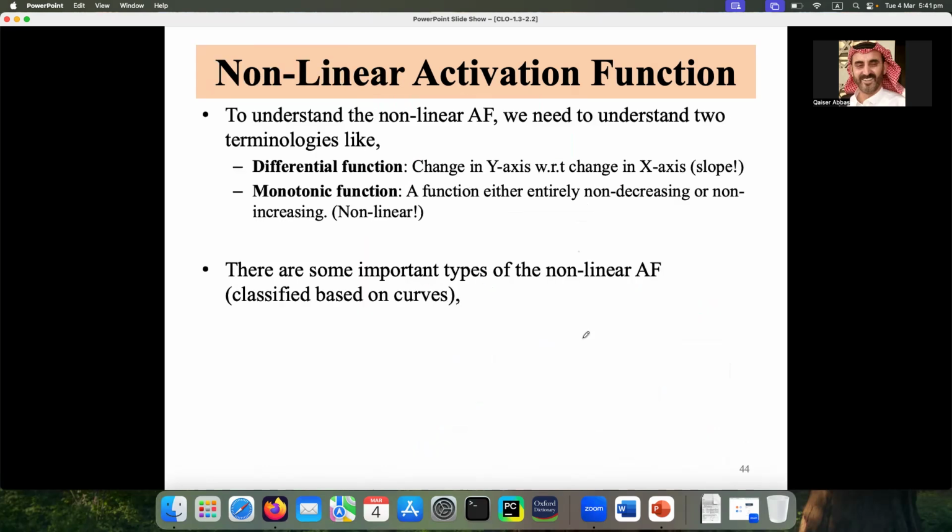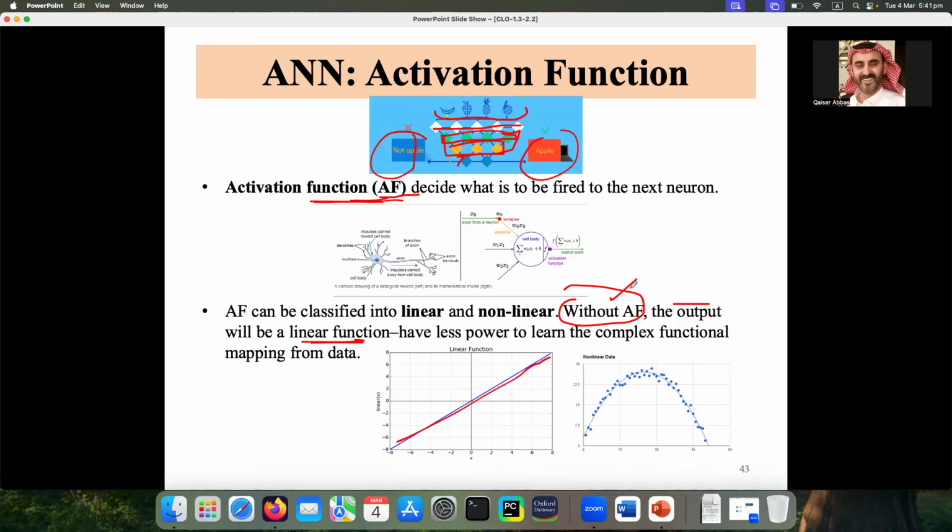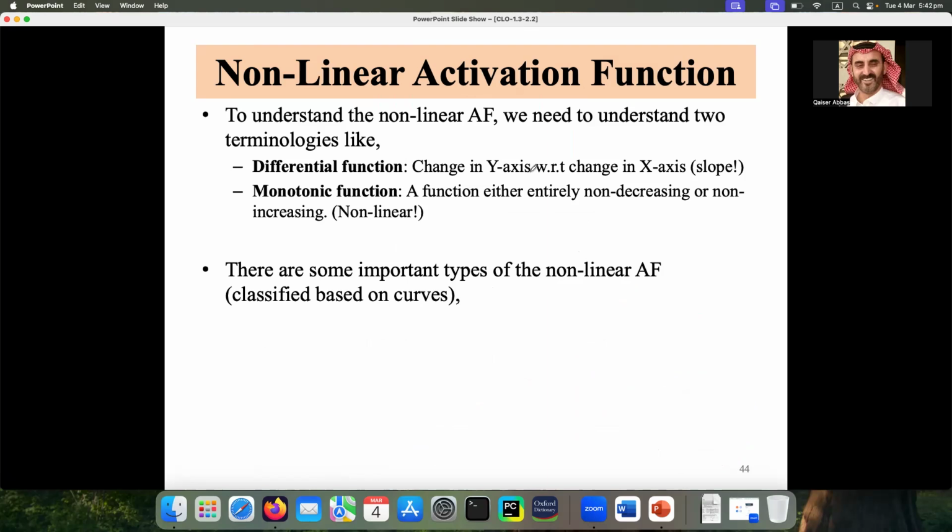So that's why we will not go into linear. We will go into the non-linear category, because it is more efficient, or you can say a more valuable activation function. So how can we understand the non-linear category?